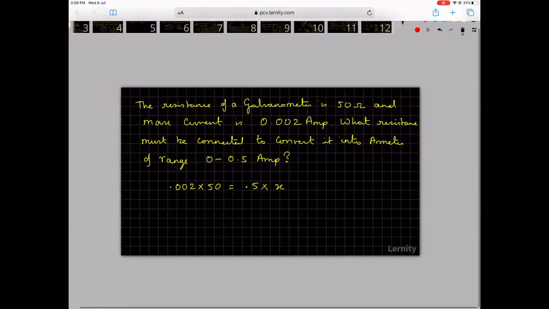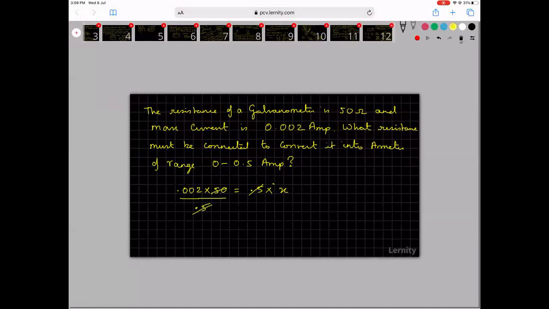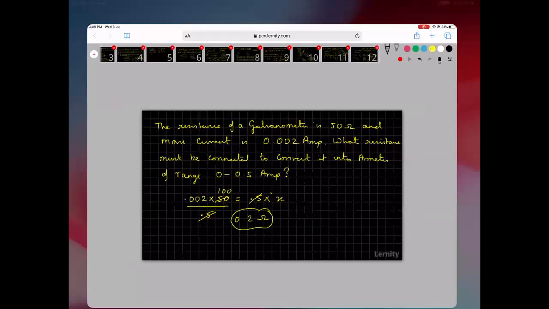So 5, so this is divided by 0.5. So divided by 0.5, this will become 100. So 0.2 ohms. Yes, so that is the answer.